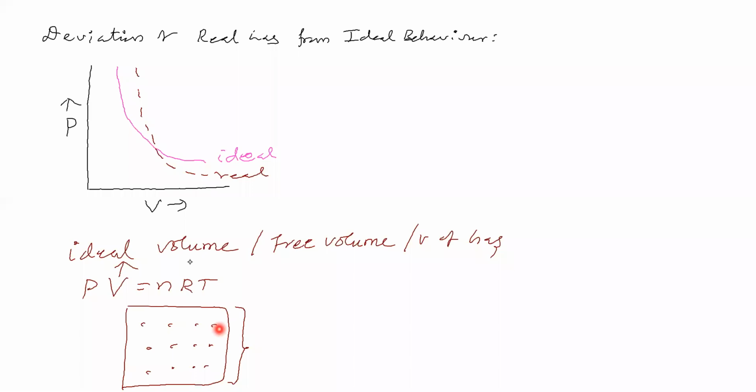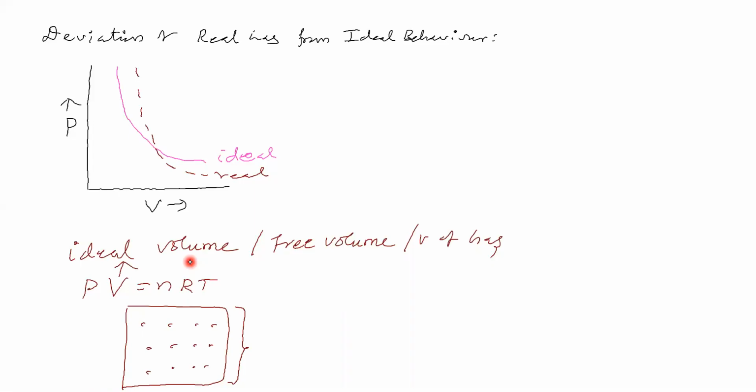Is it possible? Absolutely, think it. That only we have to consider. You are saying that it is not possible, in the sense some volume is not available for free movement. Okay. Here kinetic molecular theory says free volume is nothing but volume of gas.